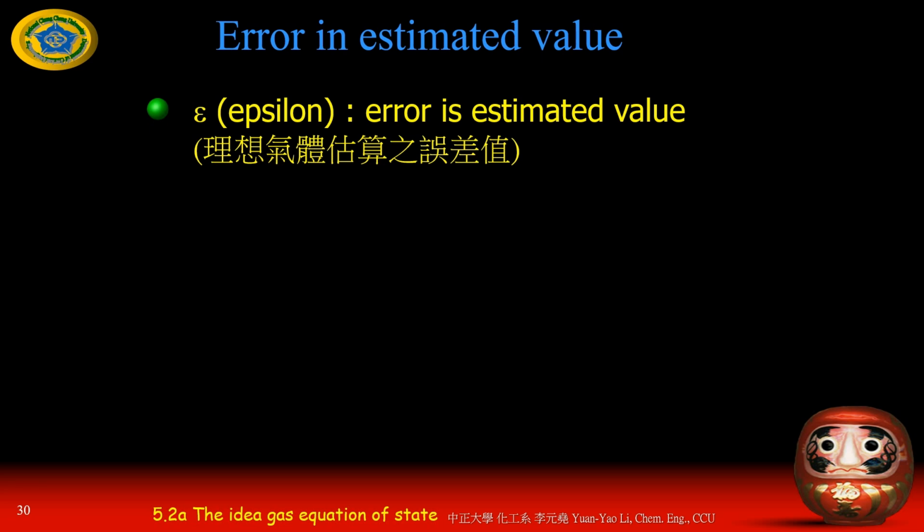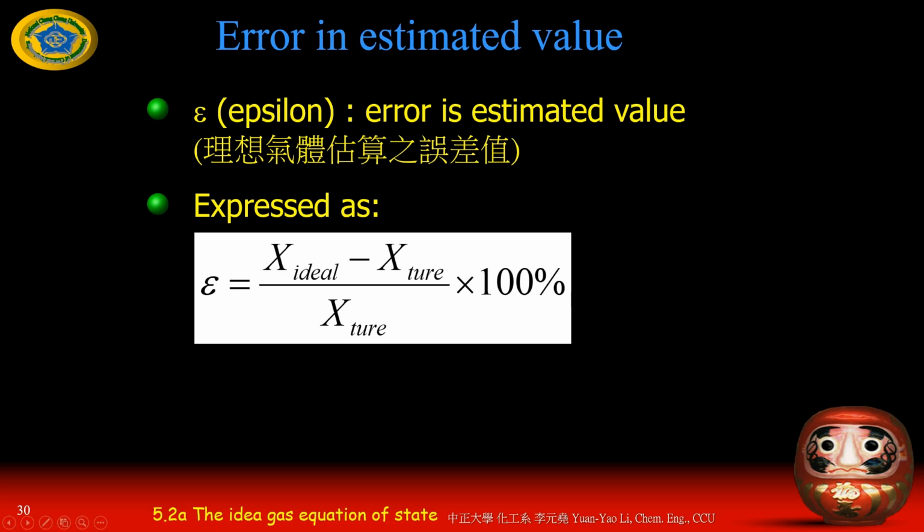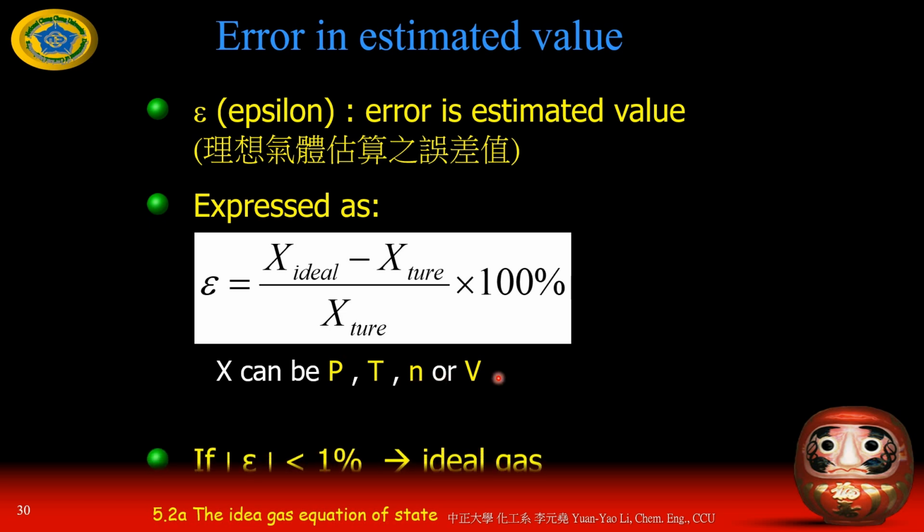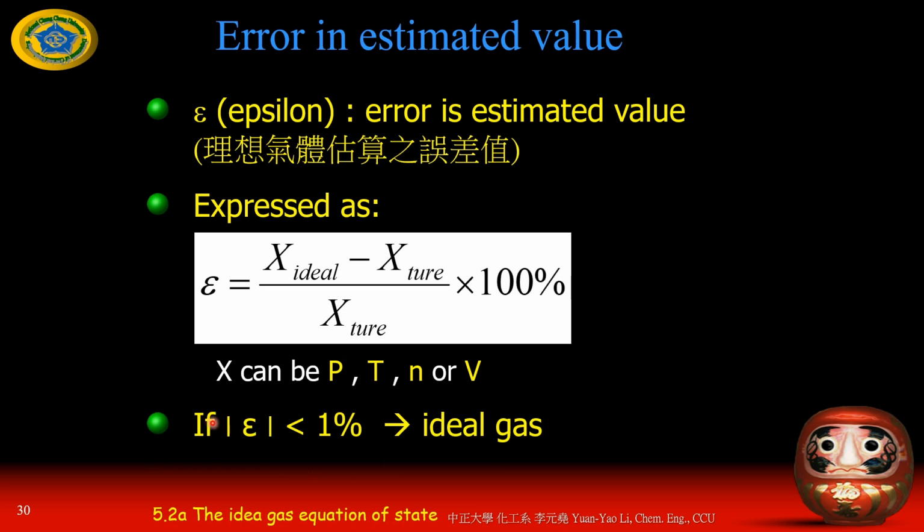It is expressed as epsilon equal to x ideal minus x true divided by x true, times 100%. What is x? x can be P, T, pressure, temperature, mole, or volume. If the absolute value of epsilon is less than 1%, that means this is an ideal gas.